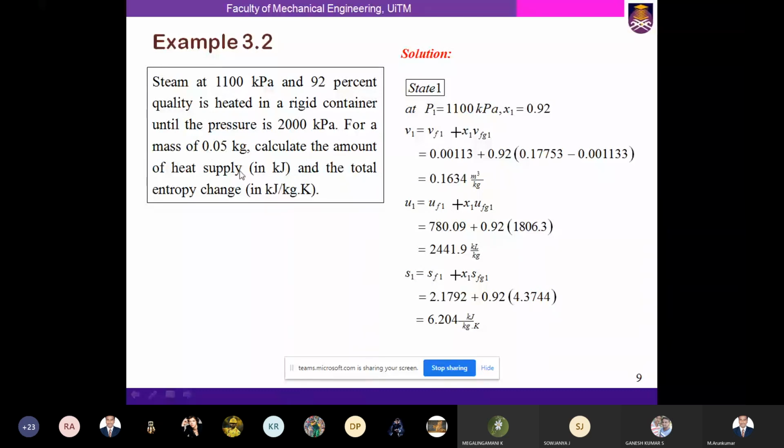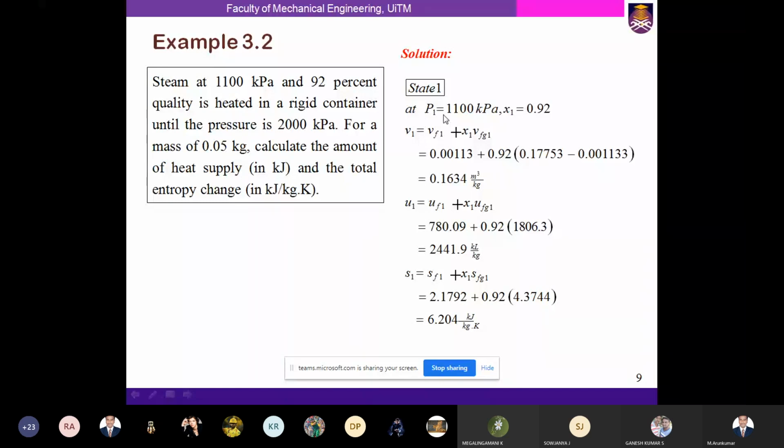Calculate the amount of heat supply, that is, we want to find the heat supply Q. The total entropy change, that is, the entropy change, and delta H. So we can try to solve the problem.